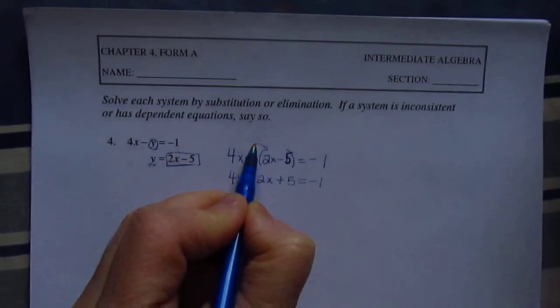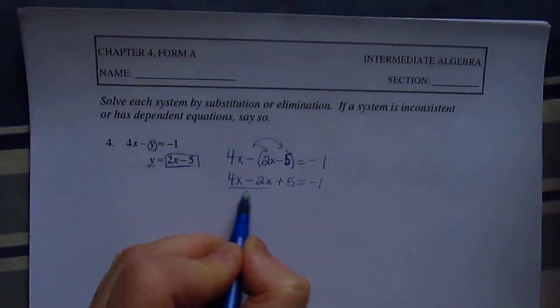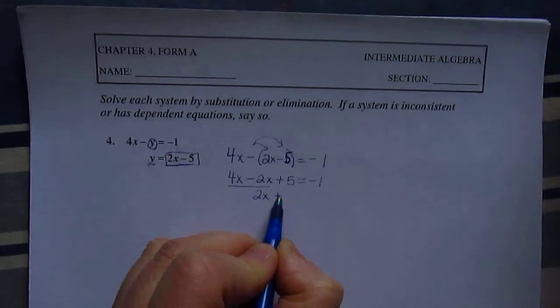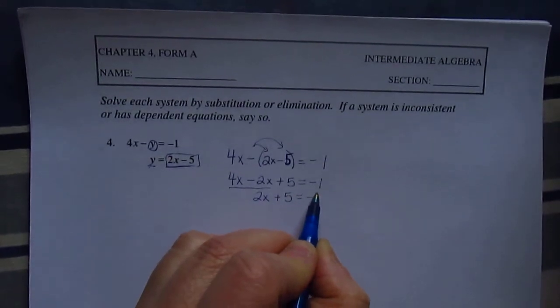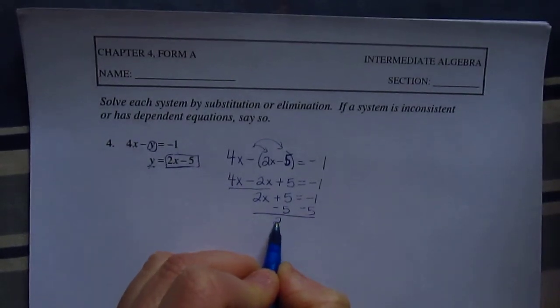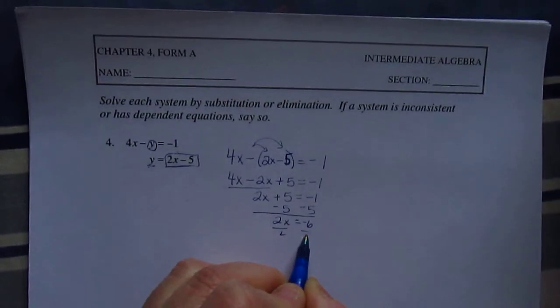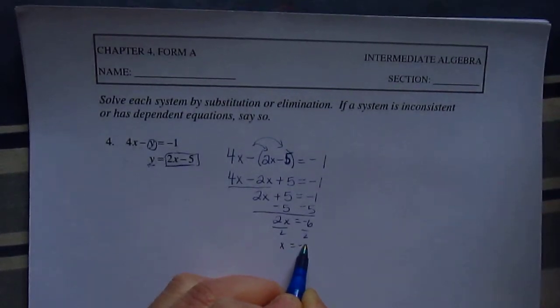All I did was distribute this negative sign to get rid of the parentheses. Simplify. 2x plus 5 equals negative 1. Subtract 5 from both sides. 2x equals negative 6. And therefore x equals negative 3.